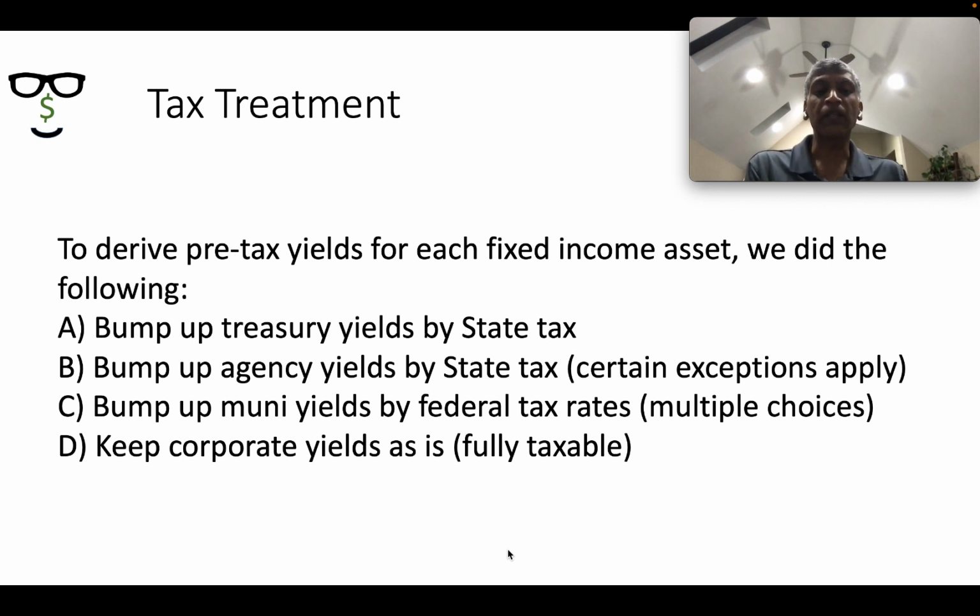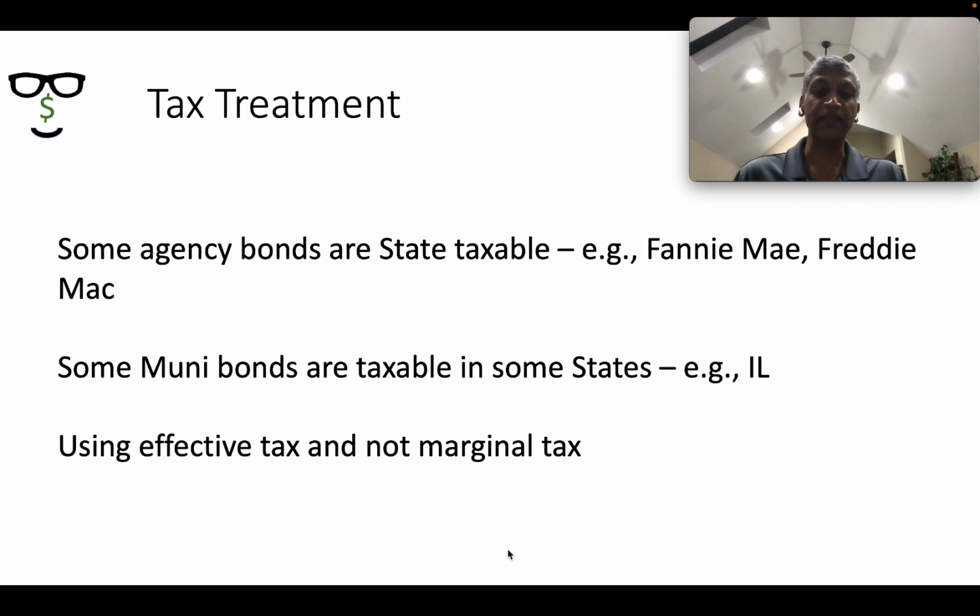We're going to then pick the munis, which are federal tax exempt, and in some cases state tax exempt, and you should again refresh your memory. But we're going to bump up the muni yields by your federal tax rate so you can get a pre-tax comparison for munis. And corporates are fully taxable, so we're just going to take their yield exactly the way it is. So by doing these adjustments, we get a fair comparison of the pre-tax yield of each of these assets.